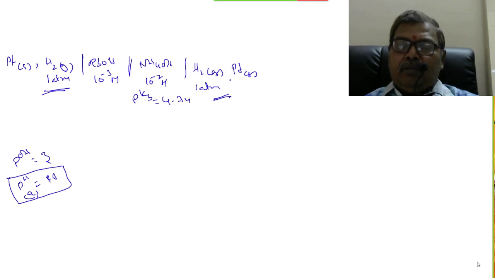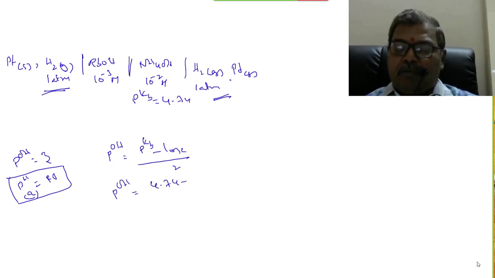Ammonia is a weak base. So what is the formula we use to calculate the pH of a weak base? First step, we have to find out pOH. pOH equal to (pKb minus log C) by 2. So pOH equal to 4.74 minus log 10 power minus 2, by 2.